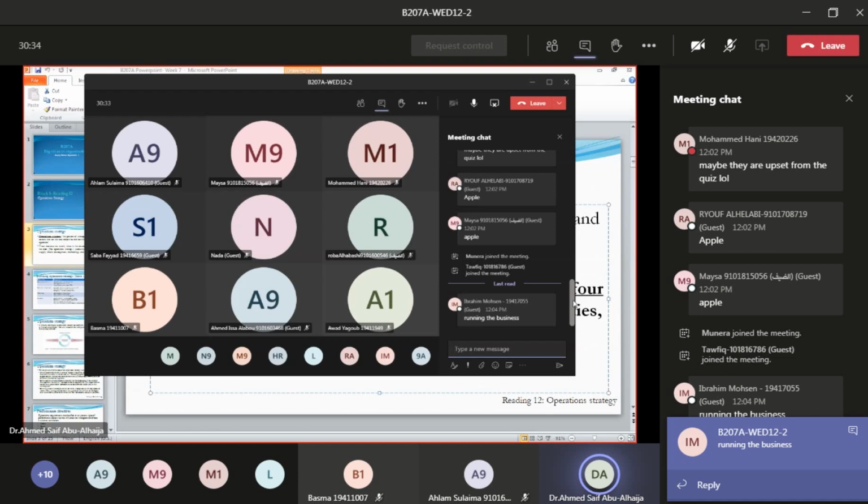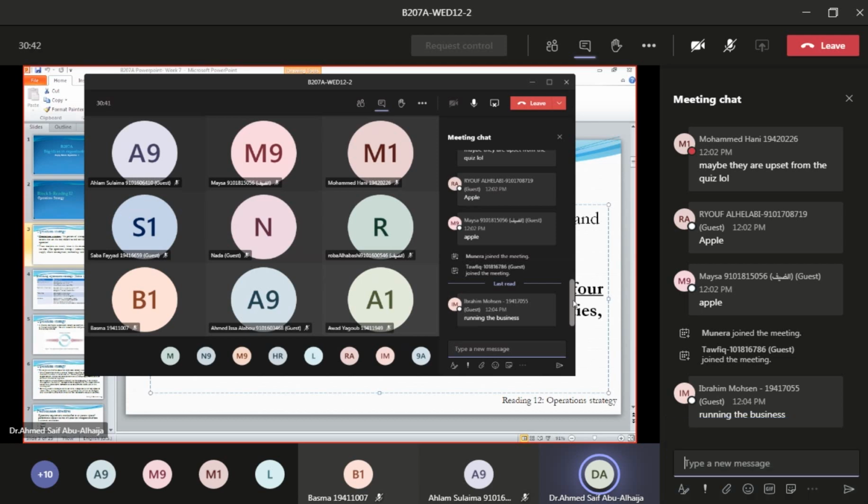For sure, it includes that task, but can you give me a more specific definition? No problem, I can give you the definition, but let's wait a little to see if anybody wants to add something. Okay, nothing else. Thank you, Mohsen, thank you, Ibrahim, for your contribution.